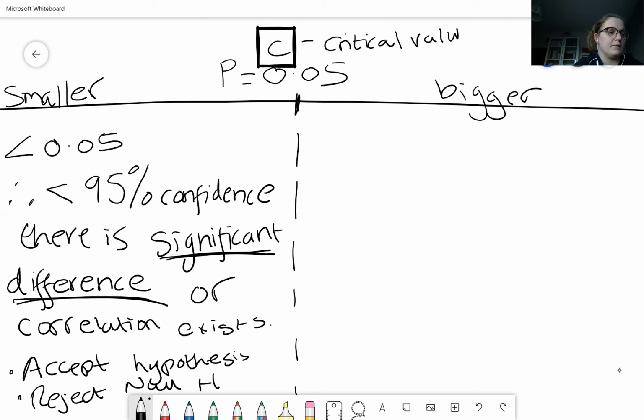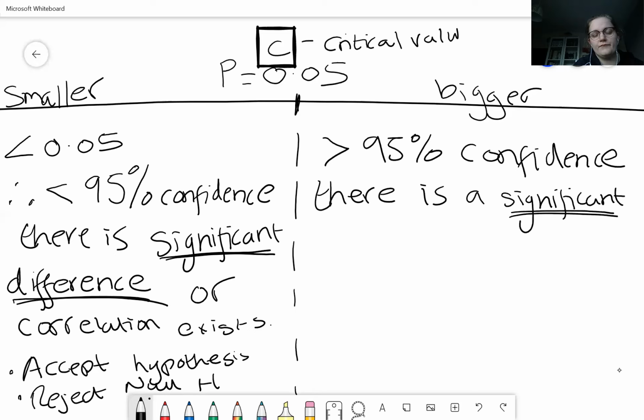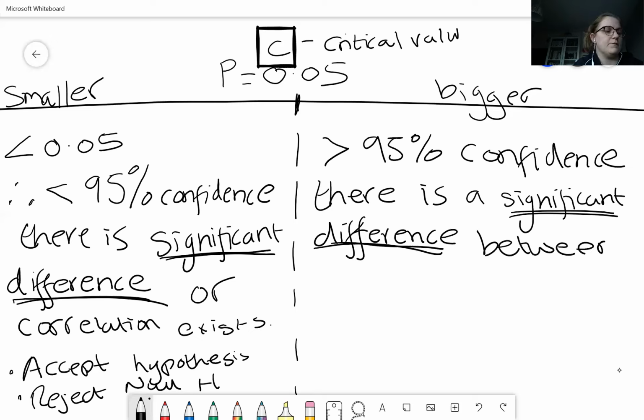If it's bigger, then we say we have less than 95% confidence that there is a significant difference between the samples or that correlation exists.